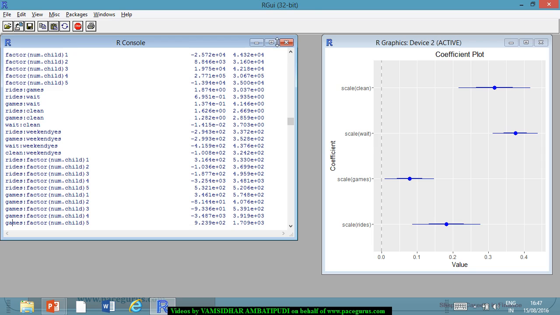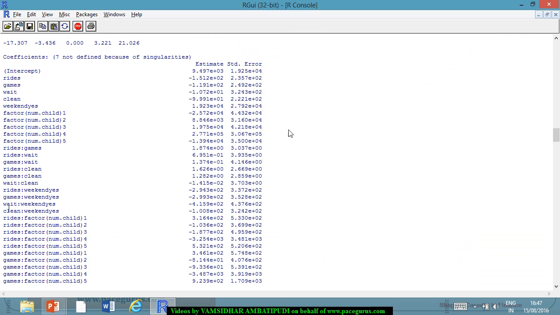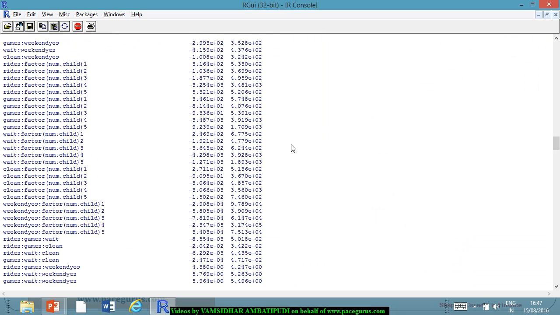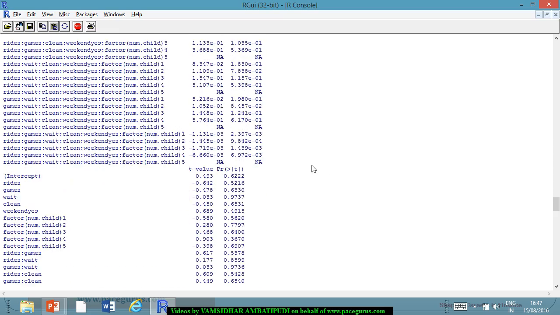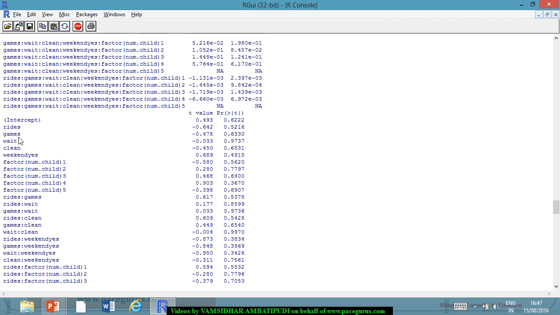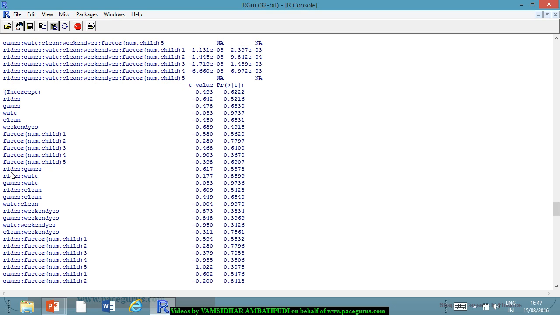If I look at the estimate and standard error for all these variables, I can clearly see initially rides, games, weight, clean, weekend, and the factors, all are there. Now two variable interactions: rides and games, rides and weight, games and weight, rides and clean, games and clean.